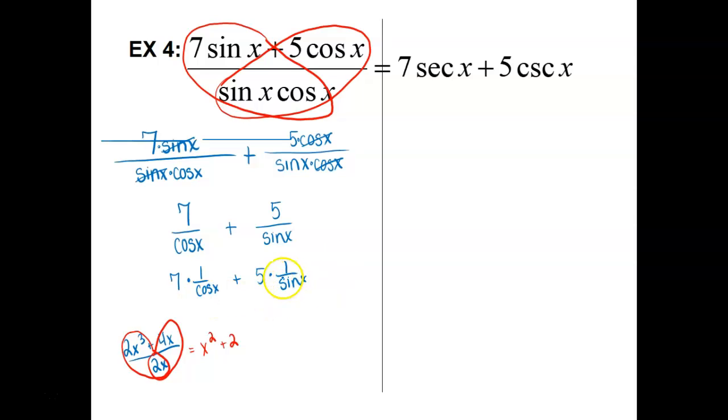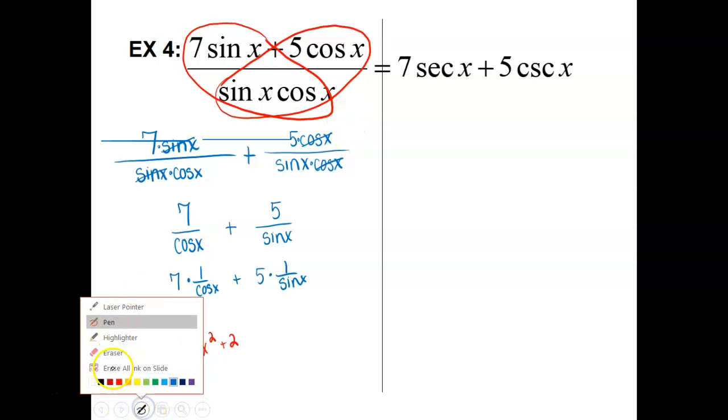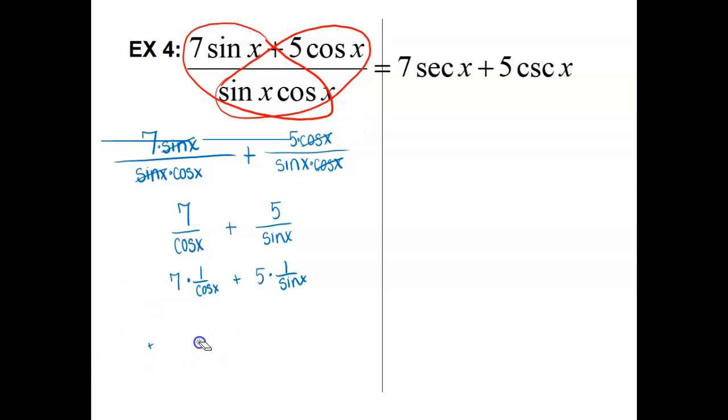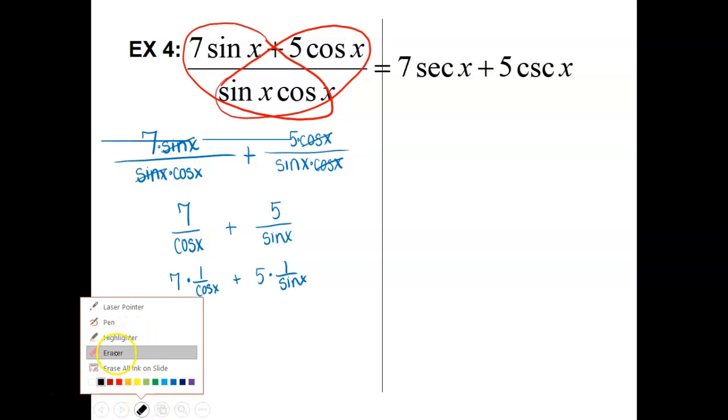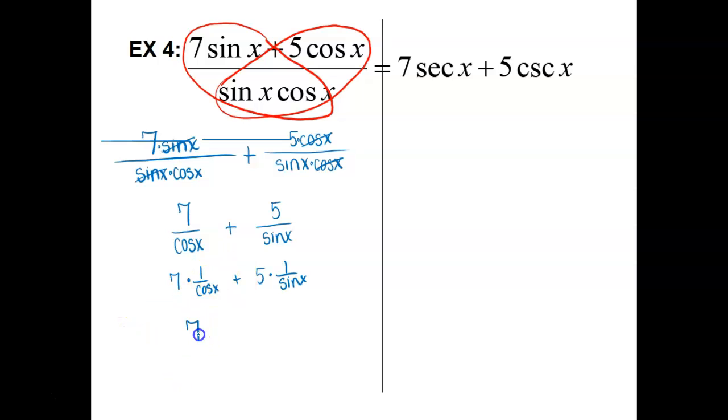It's okay with me if you skip it, because if you have a cosine x in the bottom of a fraction, you can just move it up to the top and make it secant. And if you have a sine x in the bottom, you can move it up to the top and make it cosecant. So this is going to give you, let me erase this other stuff down here, 7 secant x plus 5 cosecant x, and you can see that matches the other side.